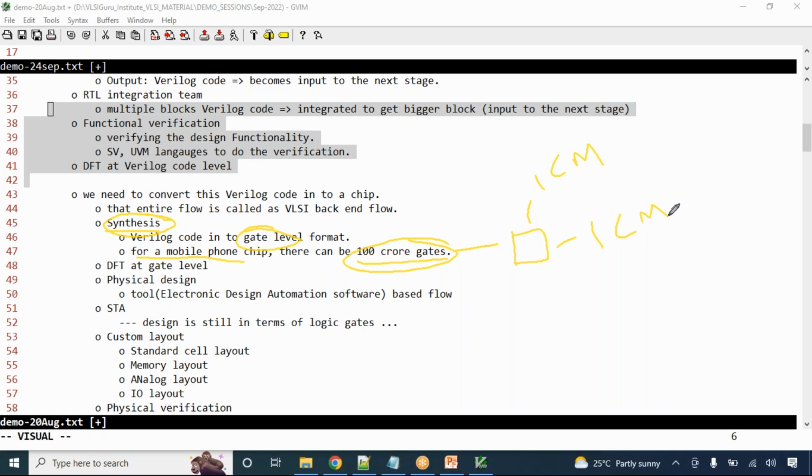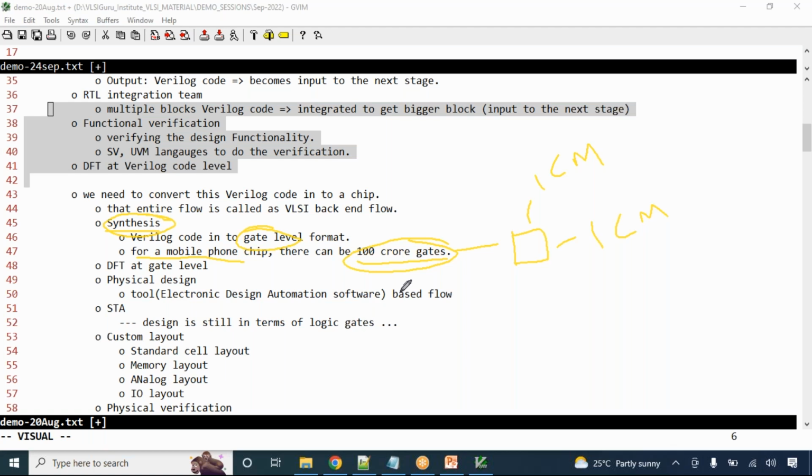So can it be done manually? No, right? Imagine a table on which my laptop is present. I'm trying to place various components on my table. If it is 5 elements, I can arrange.